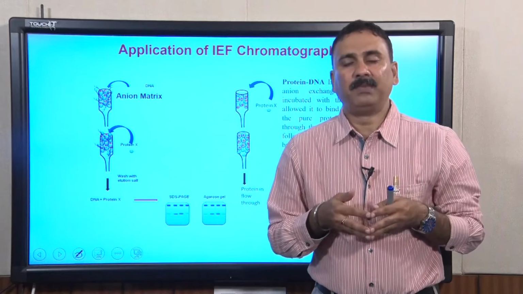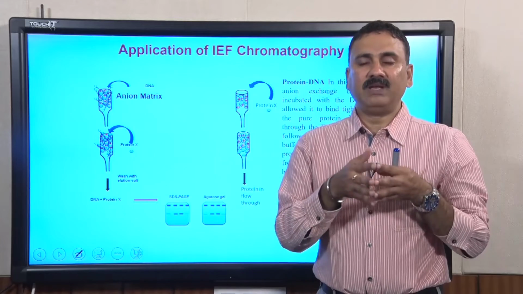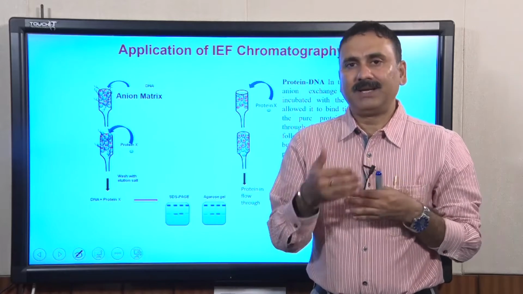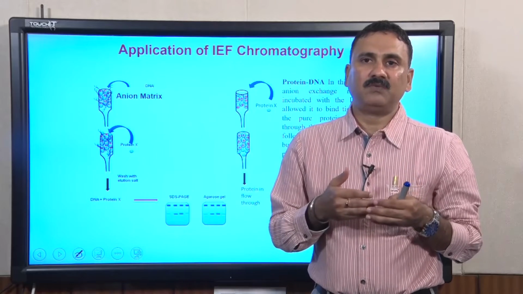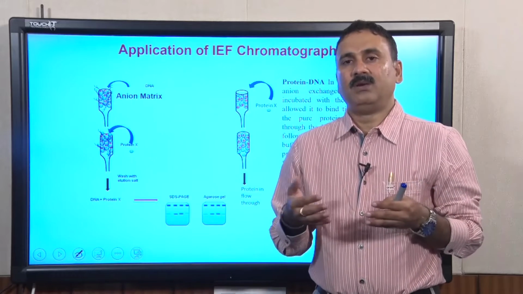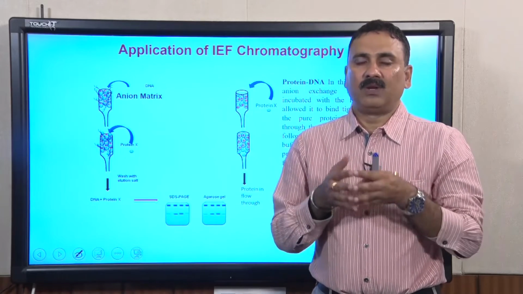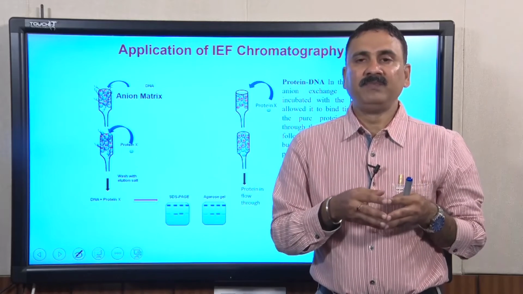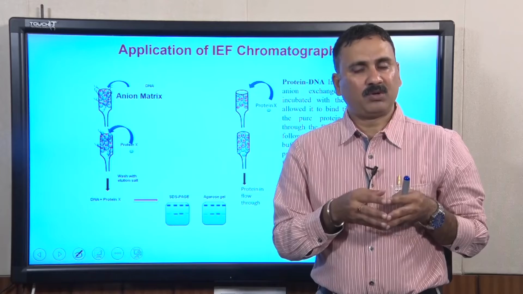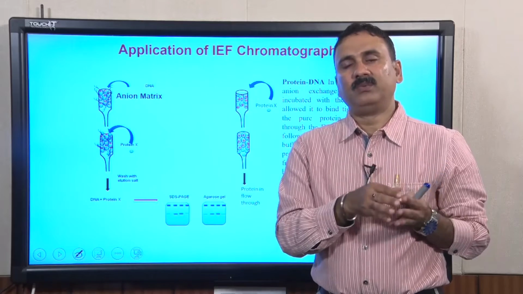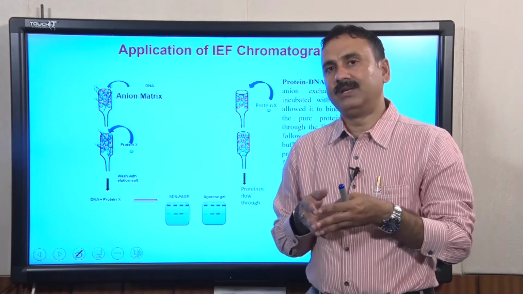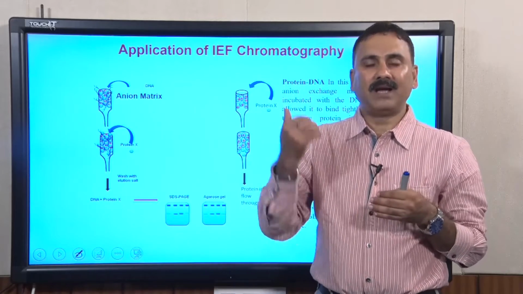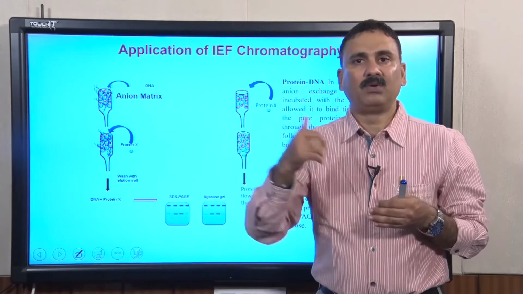We have taken an example of the interaction of DNA and RNA, DNA and protein, but this could be replicated with a little optimization for any two biomolecules, in which the criterion is that one of the biomolecules should have the affinity for a particular type of ion exchange matrix, whether it be cation exchange or anion exchange chromatography, and the other biomolecule should not have direct affinity for the particular matrix.